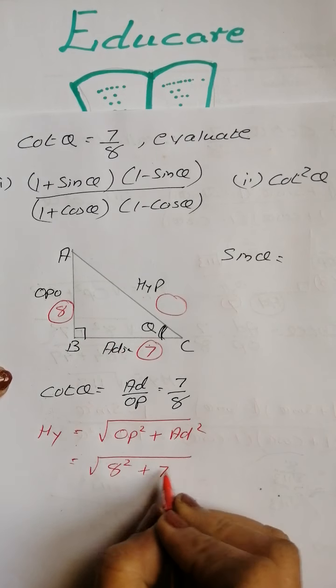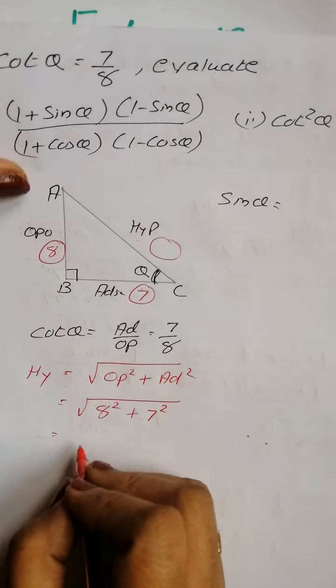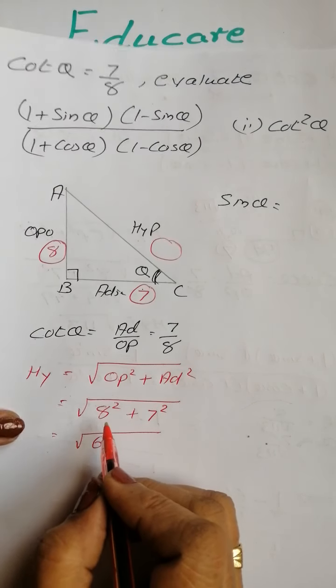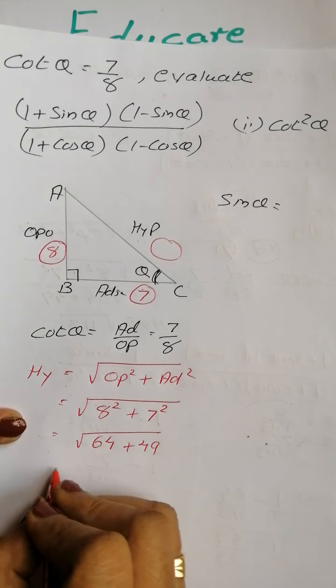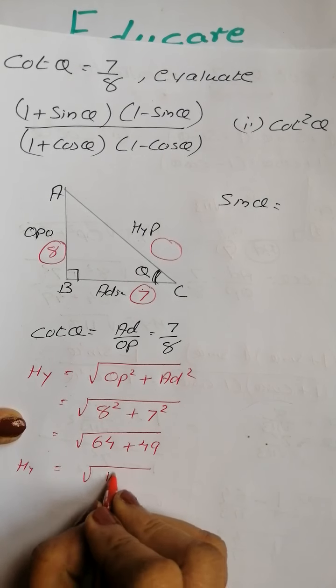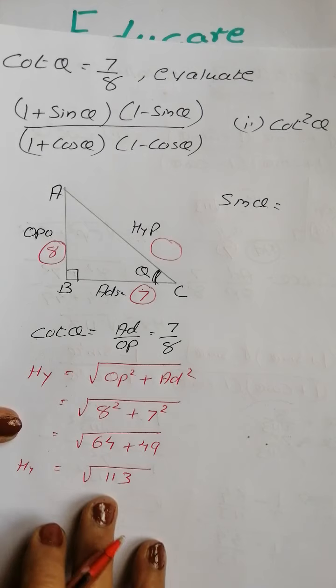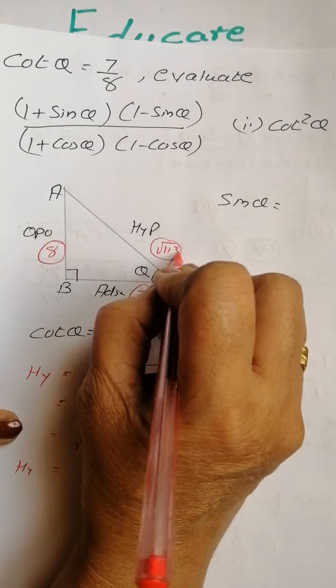Adjacent is 7, 7 square. What is 8 square? 8 8s are 64. You should be clear about the tables and all. 8 8s are 64, 7 7s are 49. So what will you get for the hypotenuse? When you add, you will get 113. So the hypotenuse here is the square root of 113.